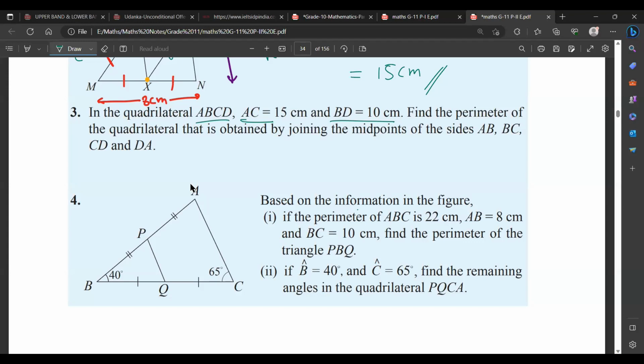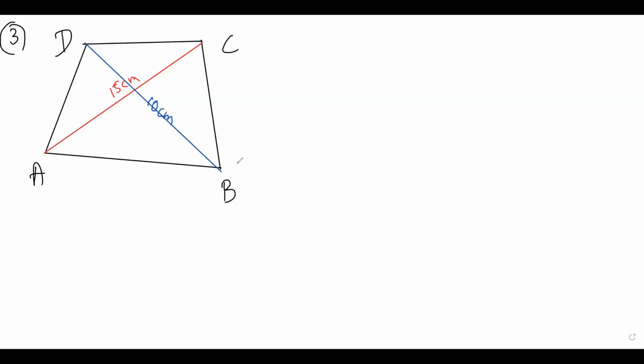Find the perimeter of the quadrilateral obtained by joining the midpoints of the sides AB, BC, CD and DA. This is the quadrilateral. You can draw a line like that. It's okay. This is 15.